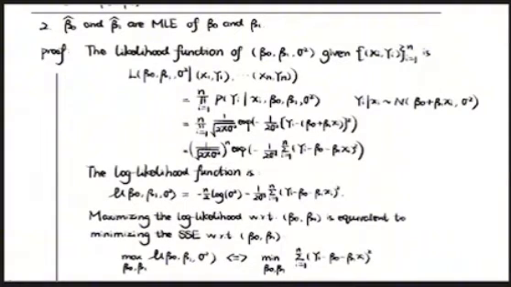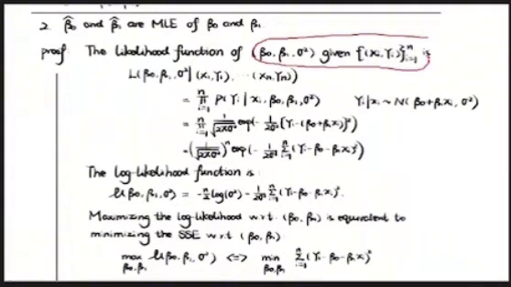Of course, it means I need a functional form. That functional form that I need is going to be a normal distribution because we have an assumption of normality on the error.